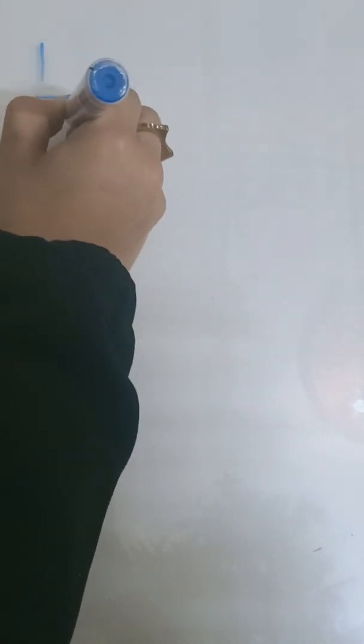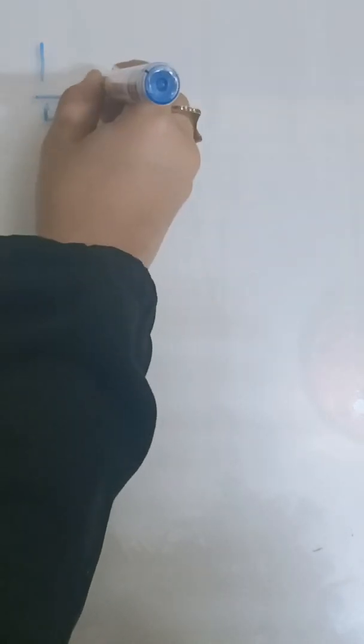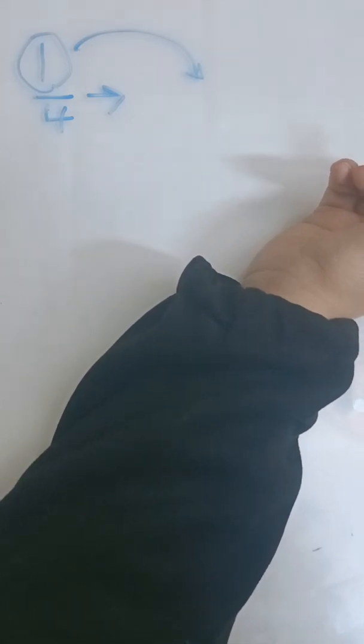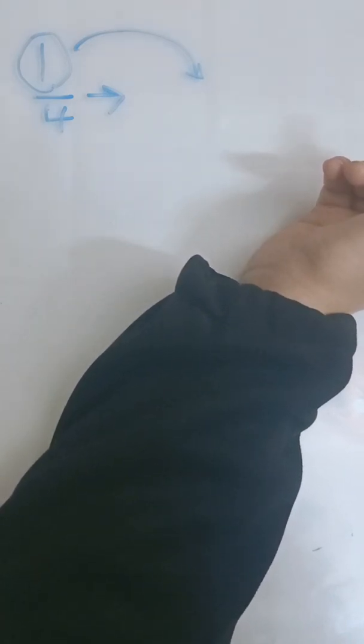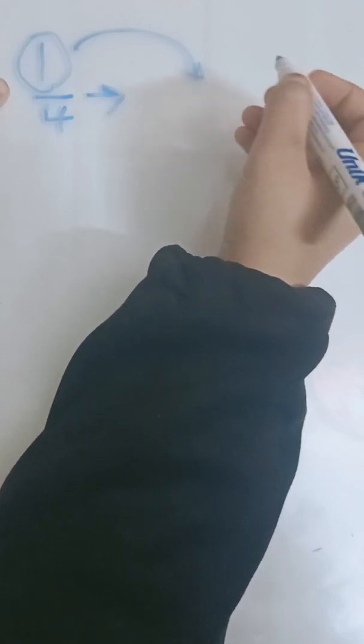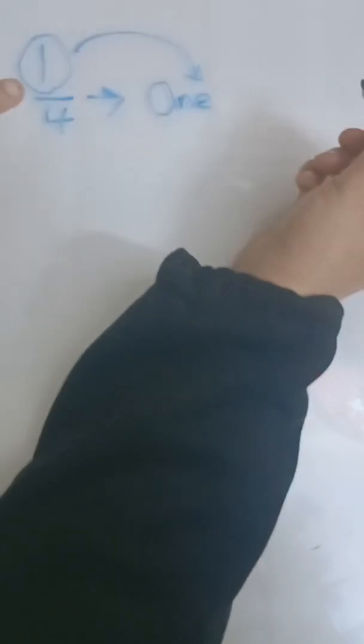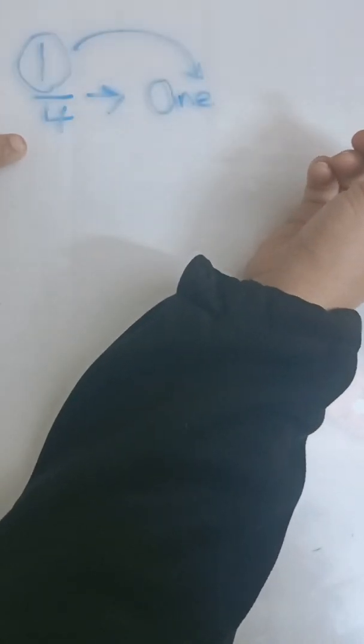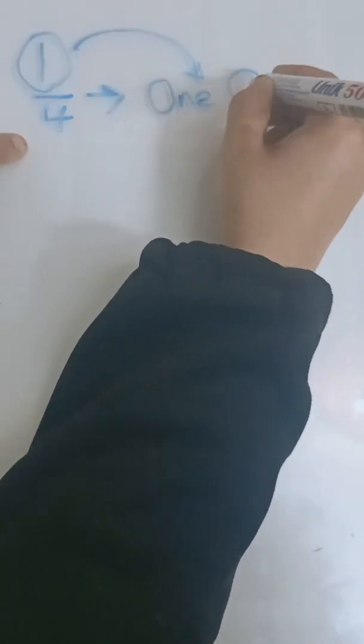We know 1/4. How? We have here 1. So start from the numerator, from the up. We have here what? 1. So write 1. This is what? Quarter. So write 1/4.